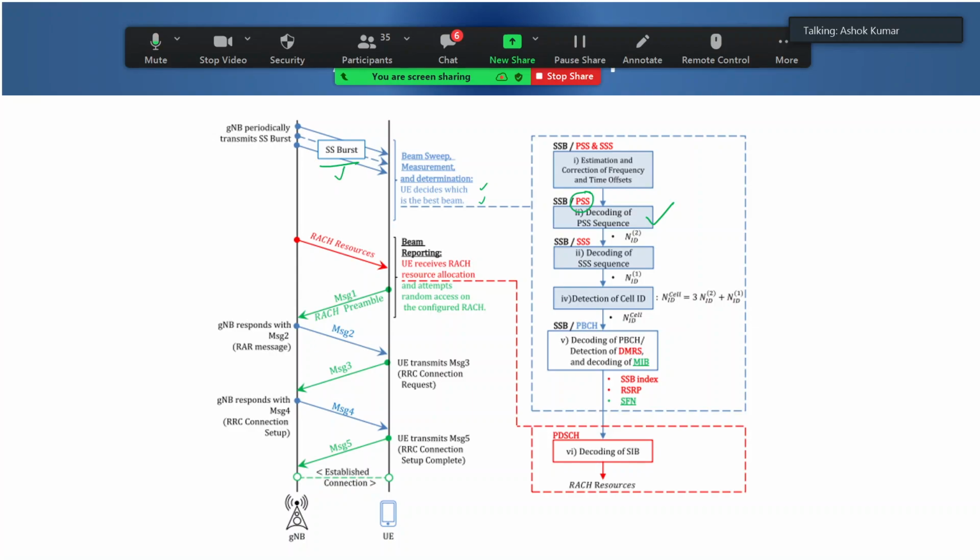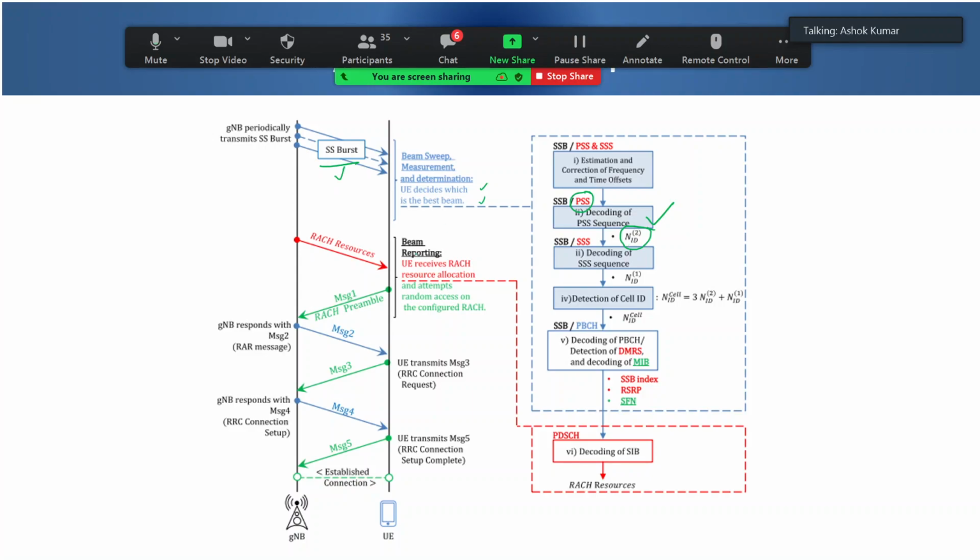Your device already has those sequences. It will compare the received sequence with the sequences it has, and once it knows which sequence it is, it will determine the N2 value for calculating the cell ID.